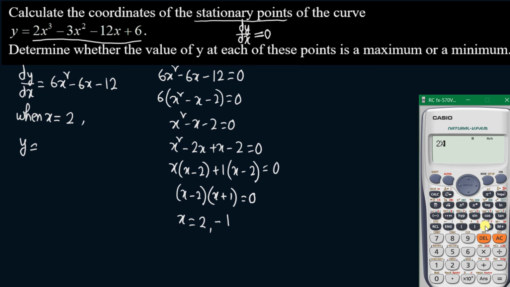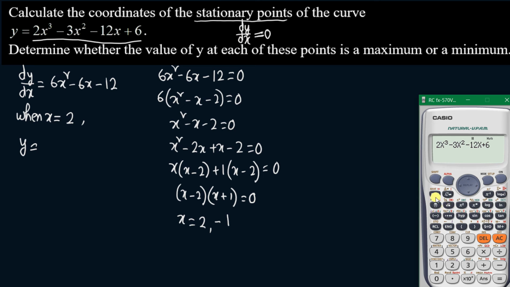One time we need to write the equation in our calculator exactly the way it is written here: 2x cube, then minus 3x square, where x is the alpha button, written here in pink color, then minus 12x, then plus 6. So we already wrote the equation exactly as written for y.